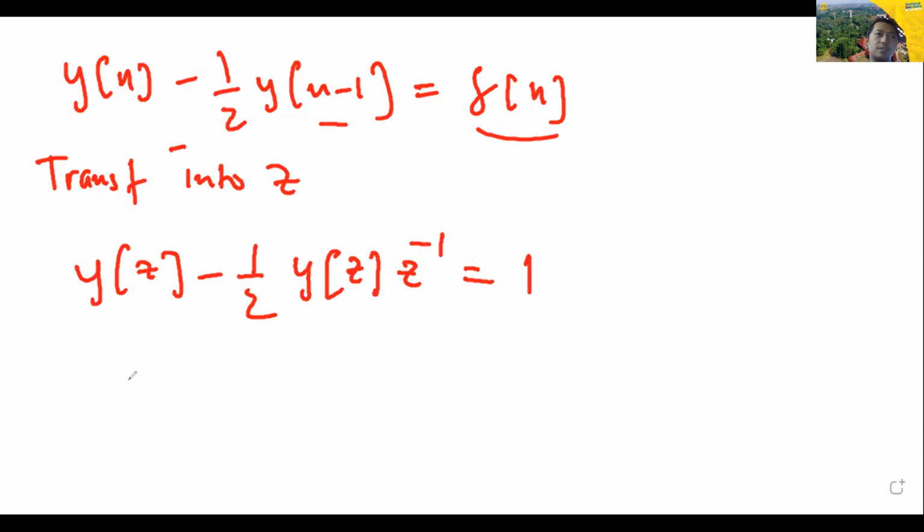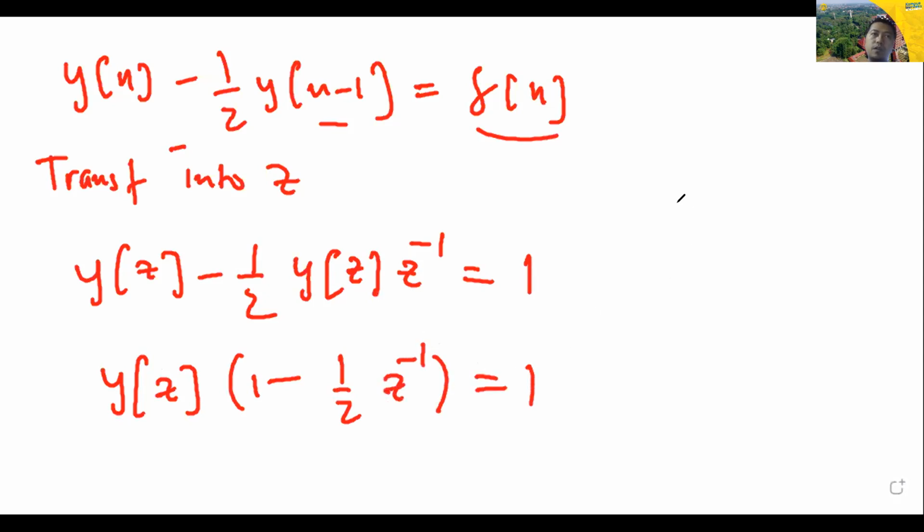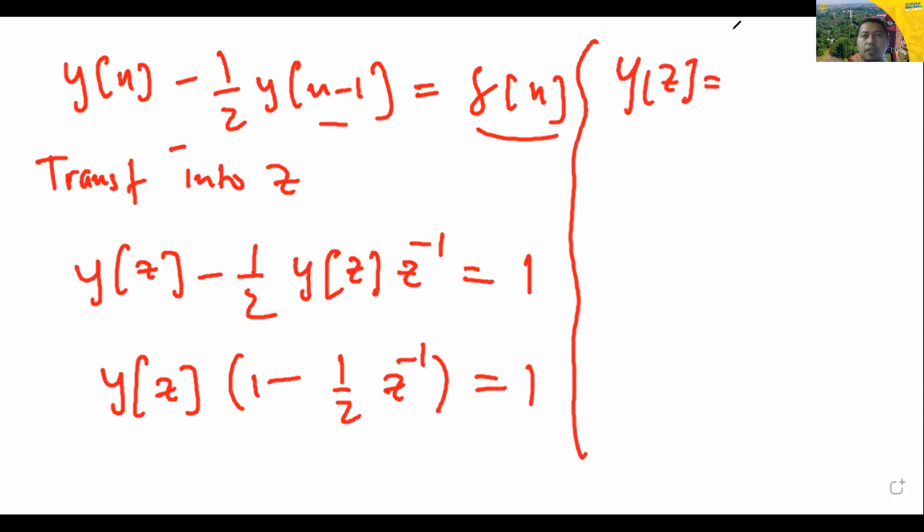So in this case we have Y(z) times (1 minus half z minus 1) equal to 1, and then Y(z) is still in the z domain.